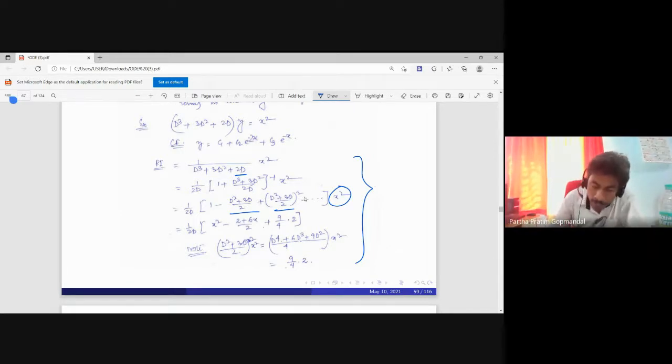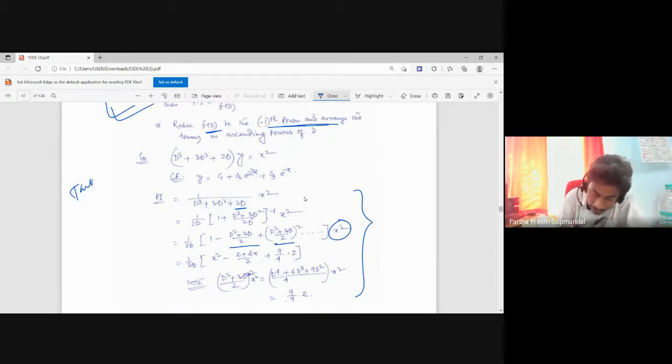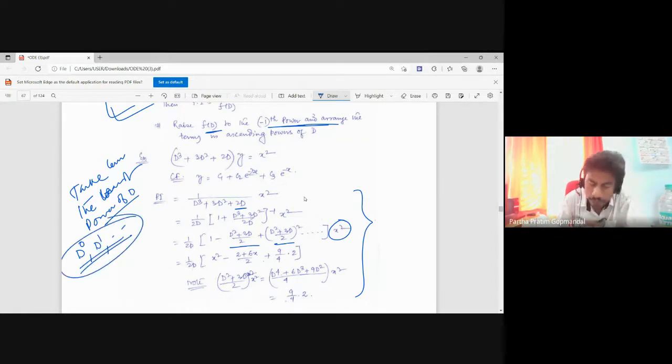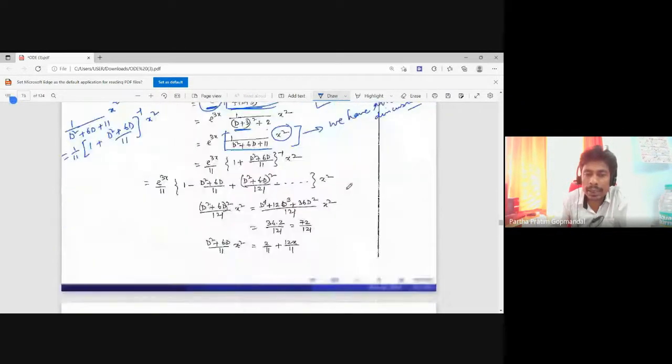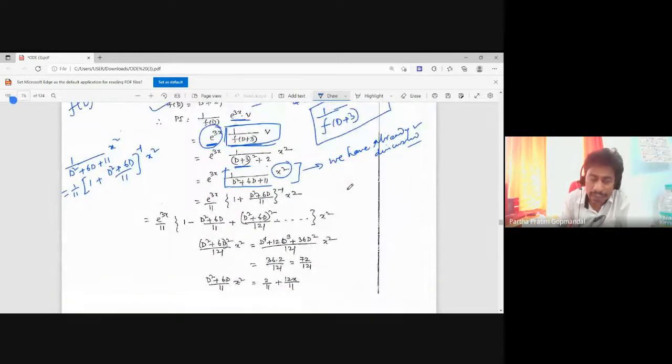So remember here, for this problem, take common the least power of D. That can be D to the power 0 or D to the power 1, whatever the least power among these. So that's why I have considered the least power as common. 11 is taken as this, it is D to the power 0. Then expand it in binomial series. Now see, you have x square, so there is no point to write the term of order D square plus 6D to the power cube.